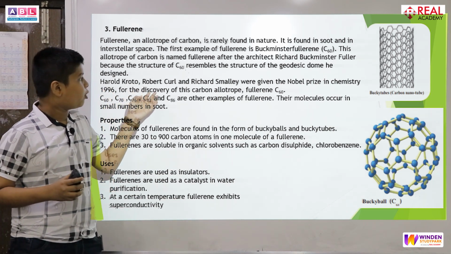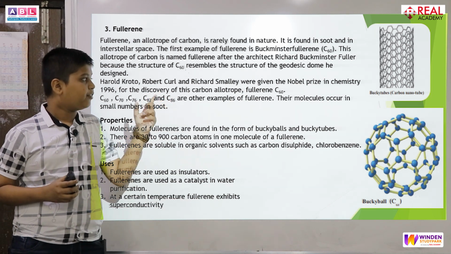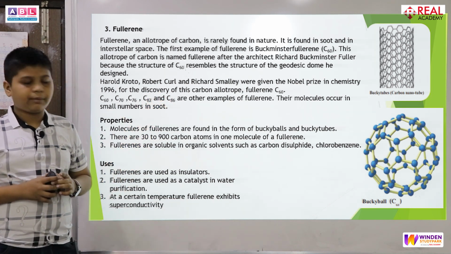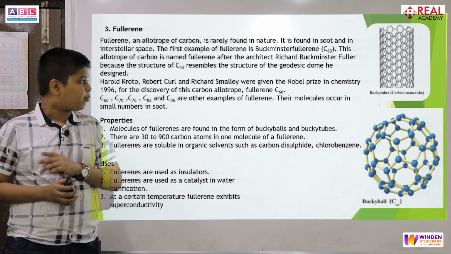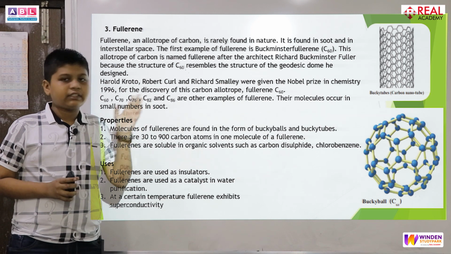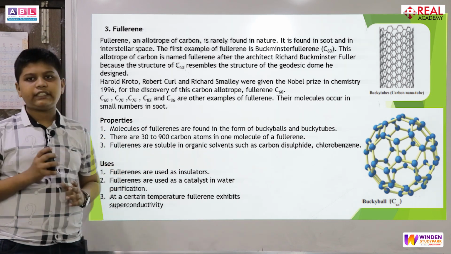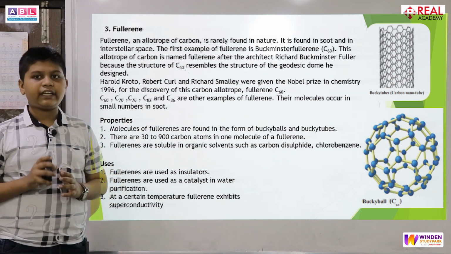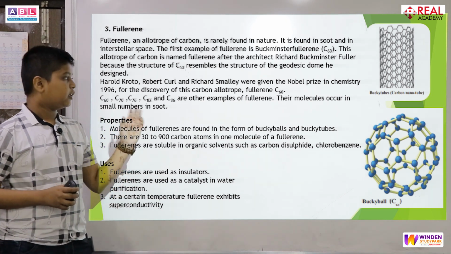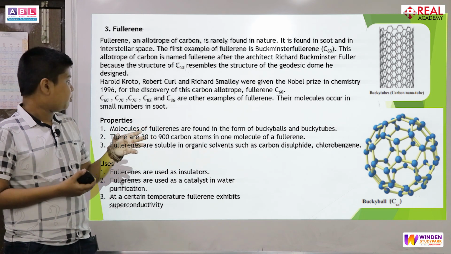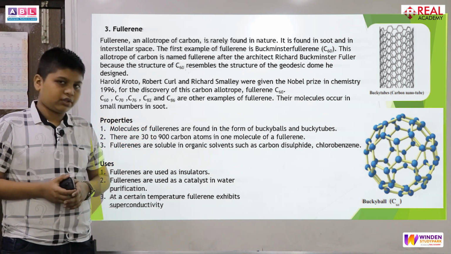Harold Kroto, Robert Curl and Richard Smalley were given the Nobel Prize in Chemistry in 1996 for the discovery of the carbon allotrope fullerene C60. C60, C70, C76, C80, C86 are other examples of fullerene. Their molecules occur in small numbers in soot.